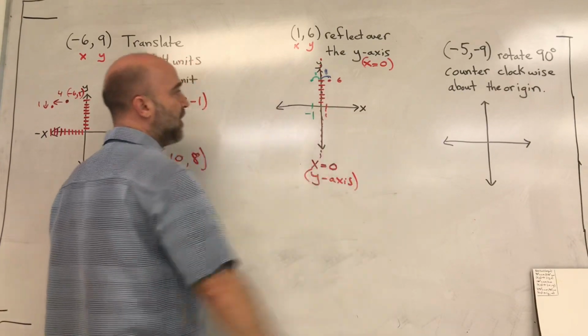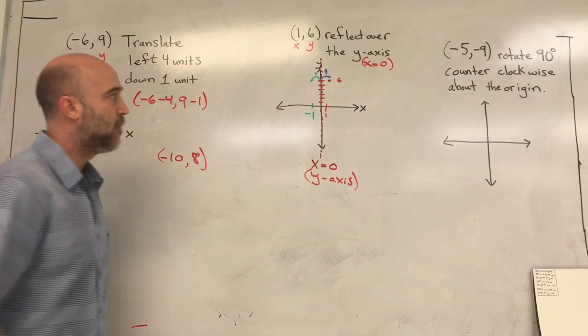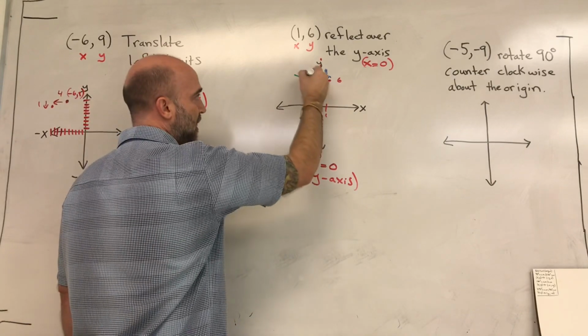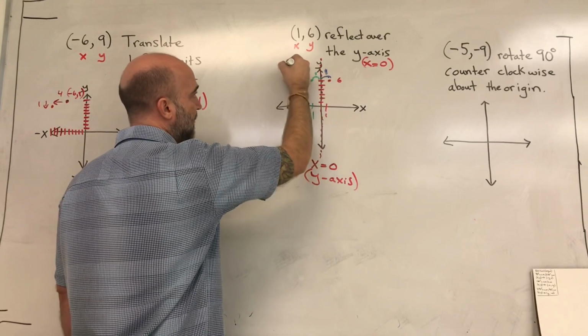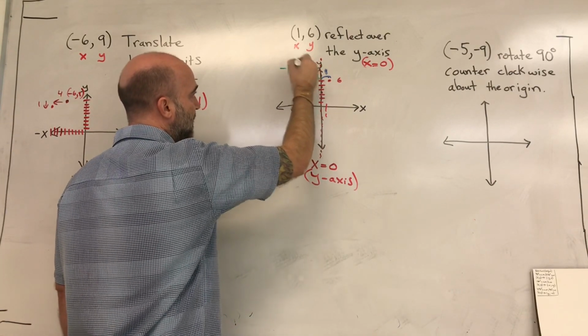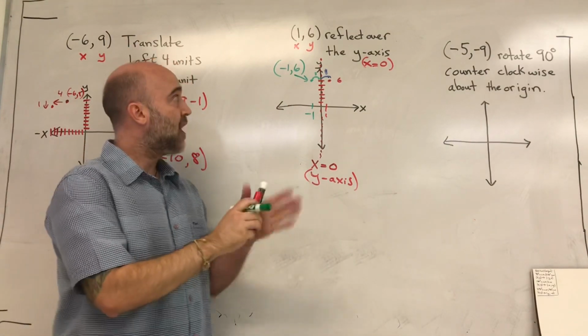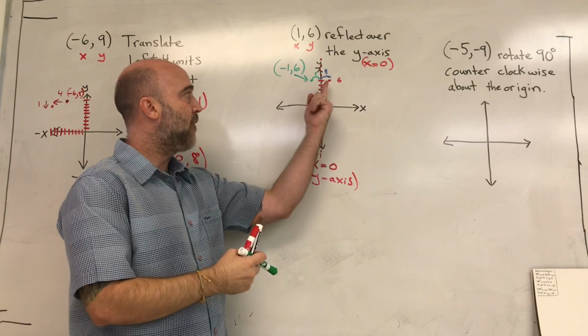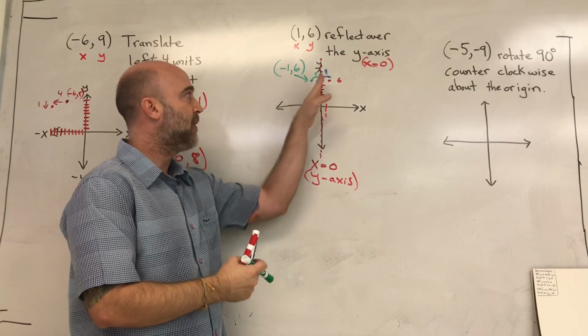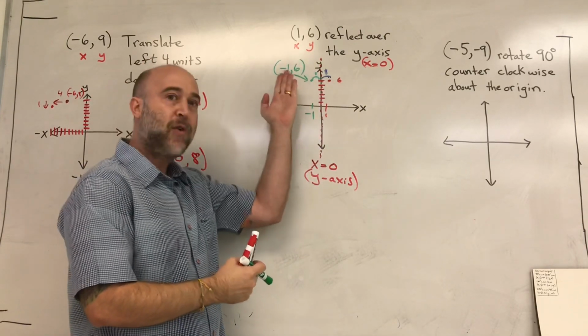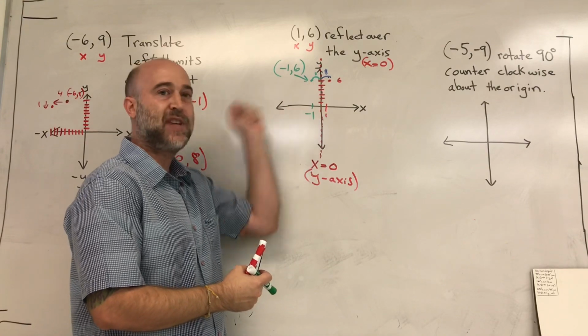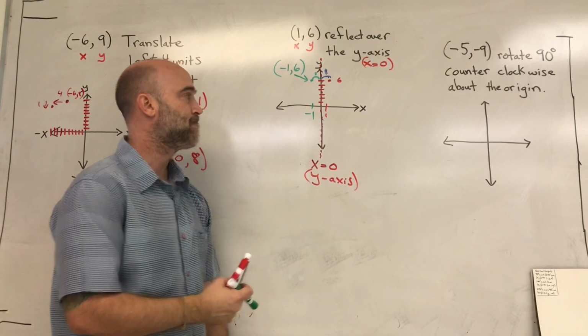So 1 unit from the line of reflection is at negative 1 on the x-axis. So this point is negative 1 comma 6. We look at how far we are from the line of reflection, and we flip it over the line, making sure it's the same distance away from it.